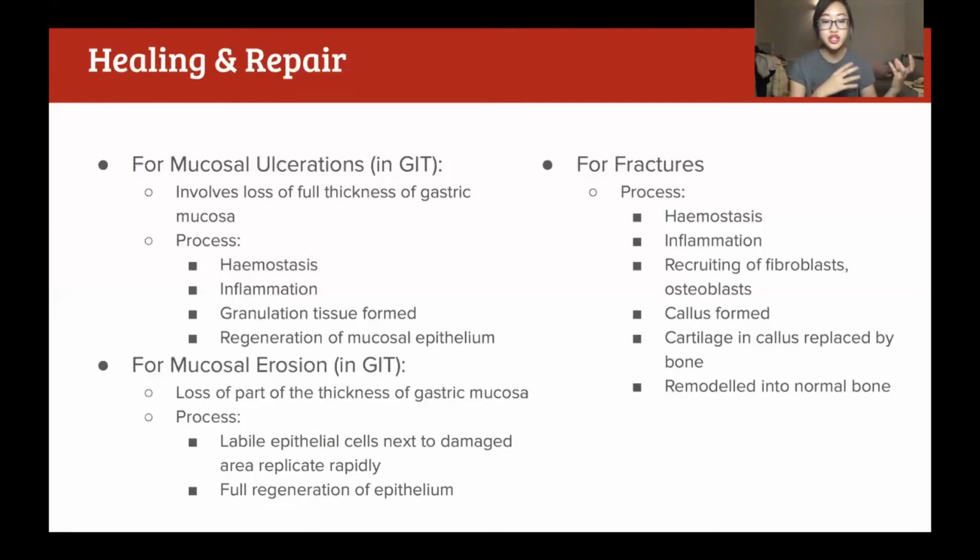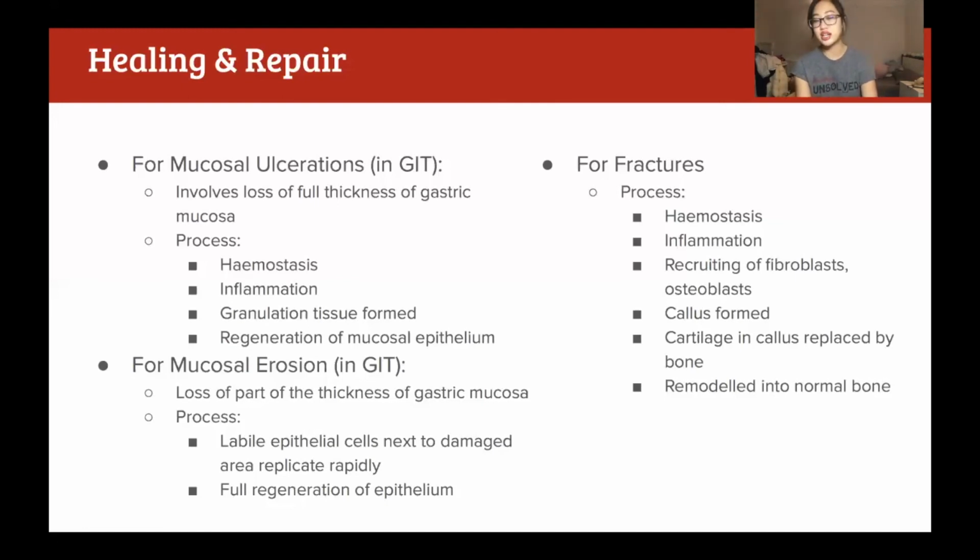There's a high turnover. So you don't even need to wait for that specific bit of damage to regrow itself. The cells around it will see this happening, and they'll just grow over that and fix up the hole that's being created. And this leads to a full regeneration of the epithelium.